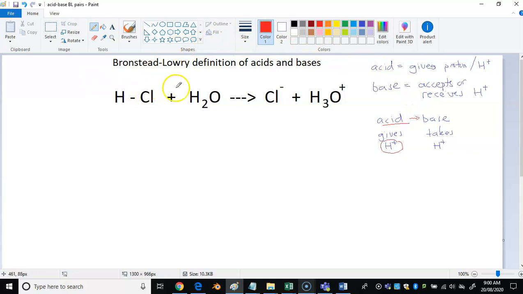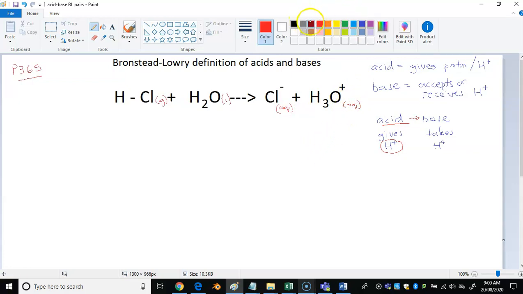Anyway, before we go any further, let's have a look at how that happens. Now, if we look at the first chemical reaction on page 365 of the book there, what we get is HCl gas plus water liquid goes to Cl- aqueous and H3O+, also aqueous.